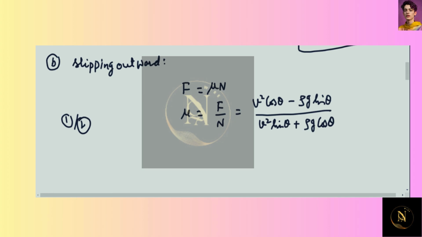Here v is given at which slipping will start, that is 264 feet per second.